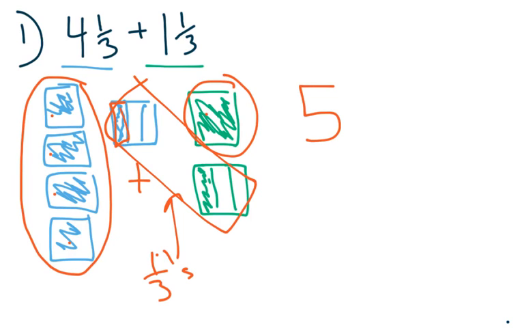I have 1/3, and a second third, for a grand total of 2 thirds. I think if we use these visual aids, it'll make it more apparent what we're doing, like how we're combining our whole numbers and then how we're combining our fractions.